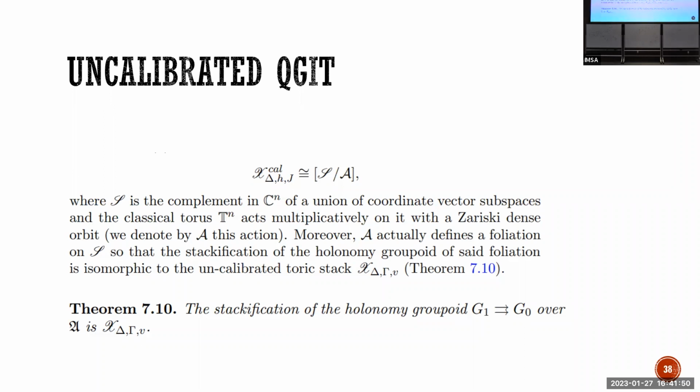The point is that if you take the group action, you get the calibrated quantum toric variety. If you just take the foliation, the holonomy groupoid of the foliation, then you get the uncalibrated quantum toric variety of the foliation. The foliation doesn't remember.